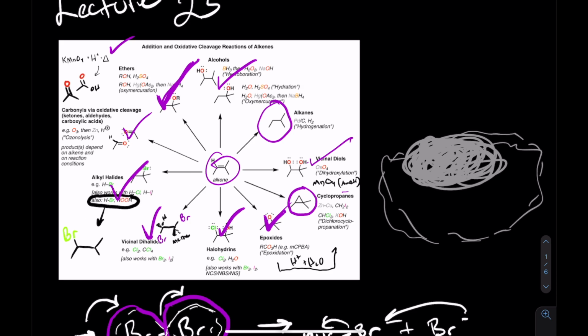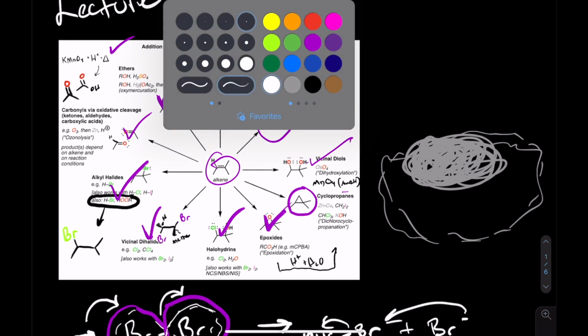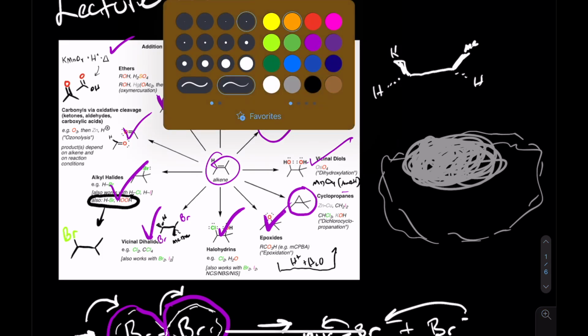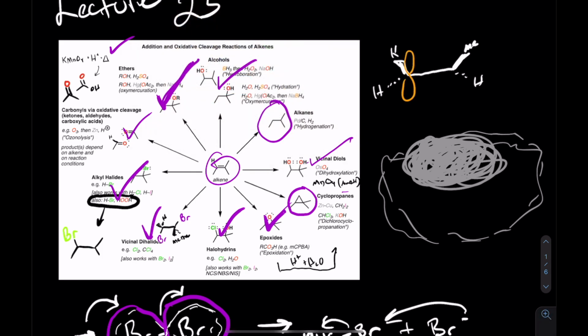It's just in solution. But what's neat is you've got a double bond, and let's say a methyl group coming out towards you, and H. It's got a pi bond. Palladium loves pi bonds, and it also loves hydrogen gas.